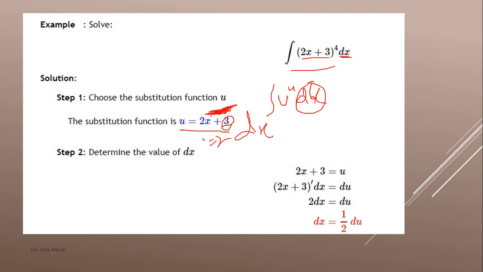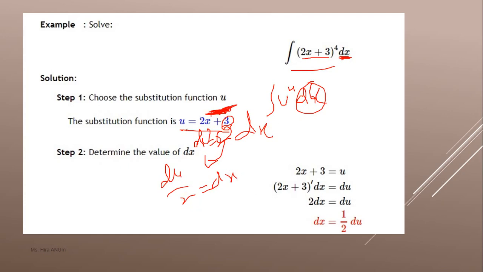You can see we have only dx here, so du over 2 equals dx, because we have only dx here.